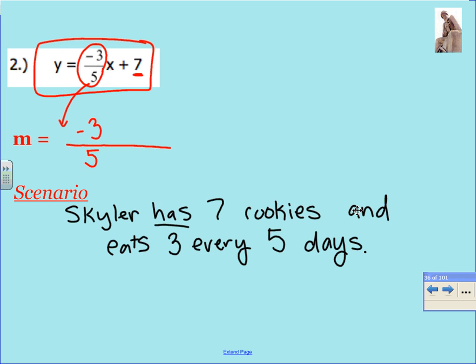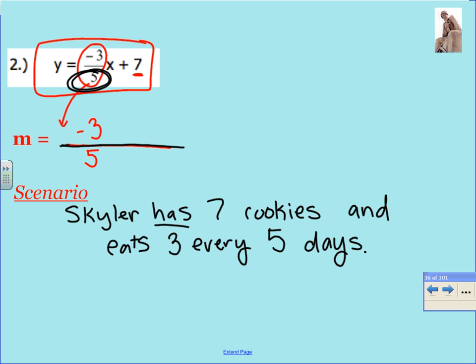Remember, your time is always the bottom of your slope. This is always our x. So it's always going to be how often she's doing it or they are doing it. So if she has 7 cookies and eats 3 every 5 days, we need to fill in our slope up here with words. So negative 3 what over 5 what?